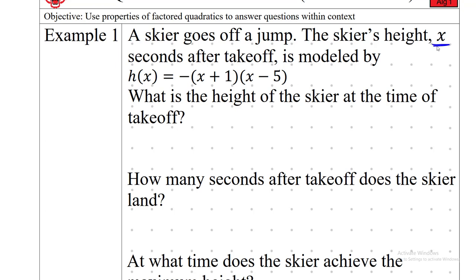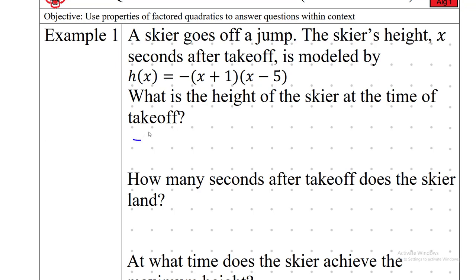Well, if x represents the seconds after takeoff, then we haven't taken off yet, which means x is equal to 0. So that means I need to plug in 0. I'm going to plug in 0 into both x's.